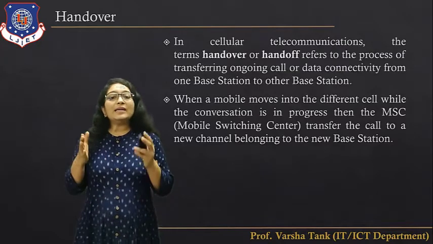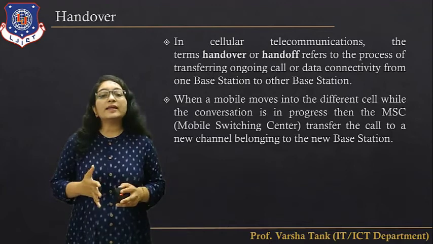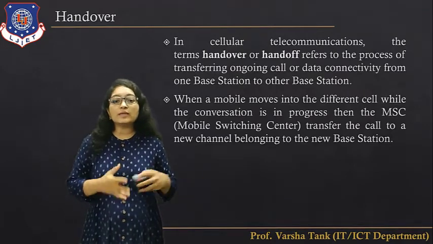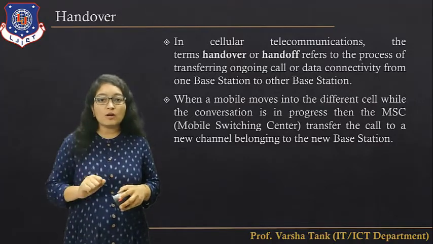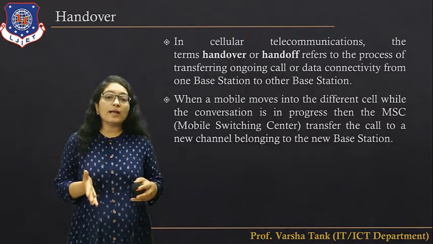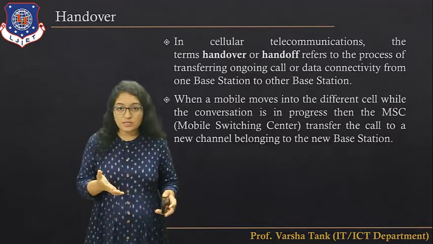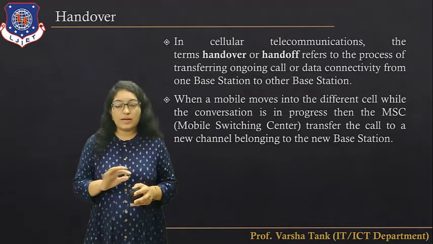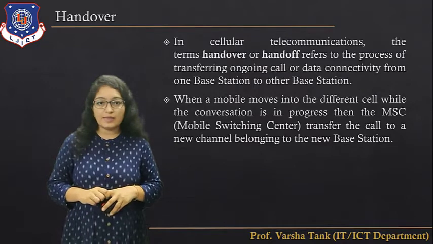So when the device moves from one cell to another cell, the antenna that provides service to that particular mobile device will change. The service provided by the old antenna will not continue when the mobile station moves into the other cell area.